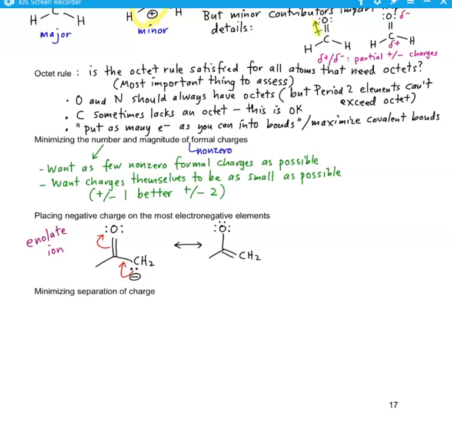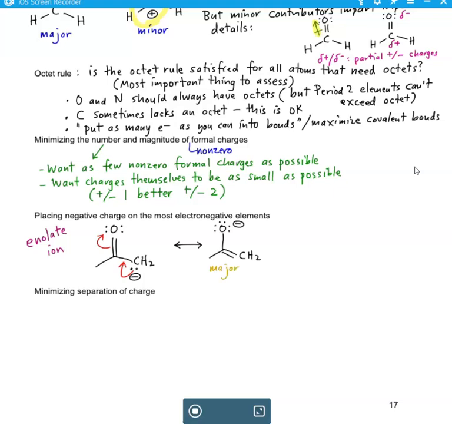Now that the oxygen has 3 lone pairs and 1 bond, it has a negative formal charge. Now the negative charge is on the more electronegative element, oxygen rather than carbon, and that makes this the major contributor.